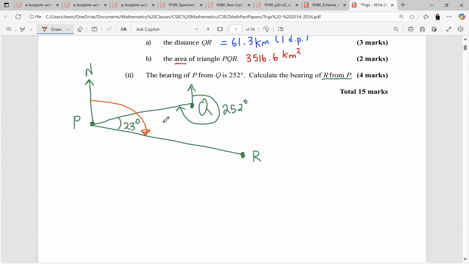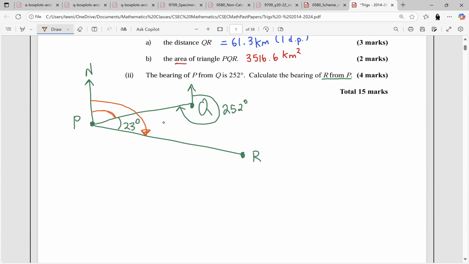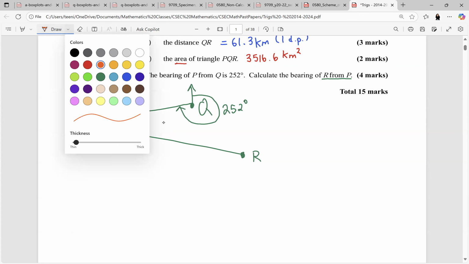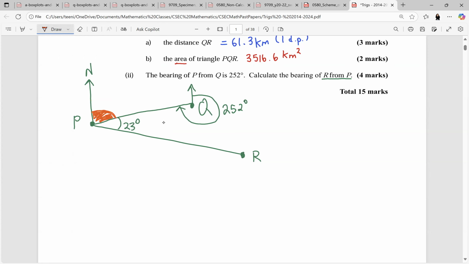I need to find out what this little piece inside here is, because then I can add it to the 23 and that would make up the whole angle. So what you need to realize is that over here on this side, you have the angles around this point, which make up the whole rotation around this point.